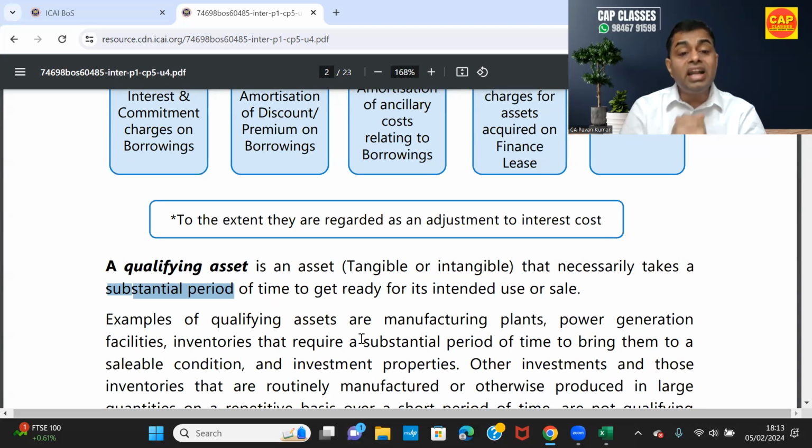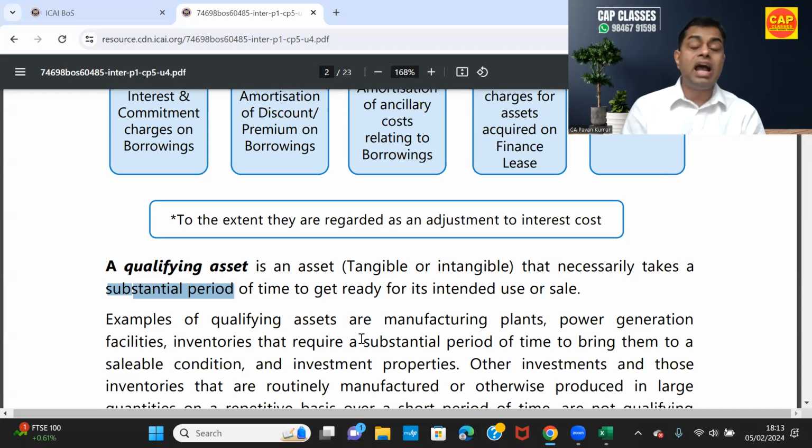Nowhere is it written what is a substantial period, but as a general rule of thumb, we may follow 12 months. So if any asset takes 12 months or more to get ready for its intended use or sale, it is called a qualifying asset. For example, I am constructing a building.